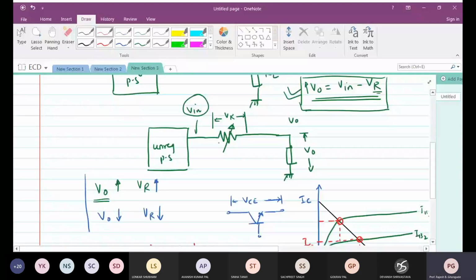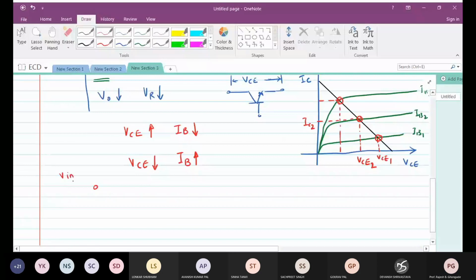So if this is your unregulated input, and I have a transistor like this, connect a load here, I can control this base current in such a way that this VCE drop can be adjusted. So my equation now becomes VO is equal to Vin minus VCE.